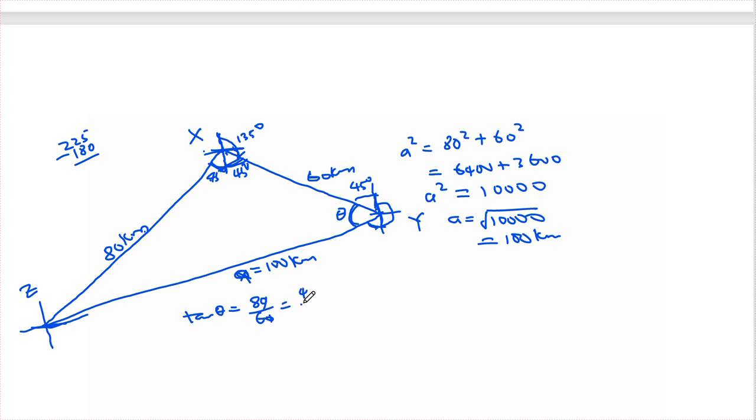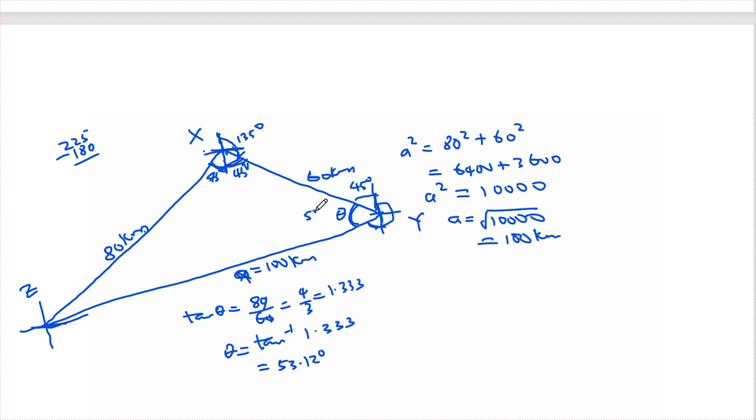So I'm going to say that tan theta is equal to 80, which is opposite, over 60, which is adjacent. And that's going to give us 4 over 3, or you can simply say 1.33. So now theta is equal to tan inverse of 1.333. Let me use my calculator to do that.